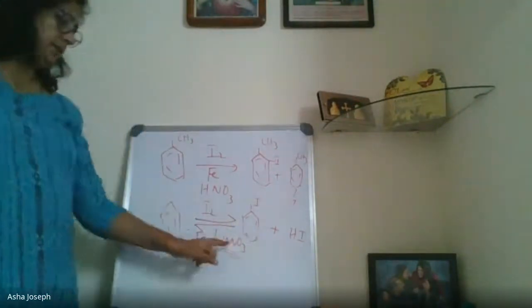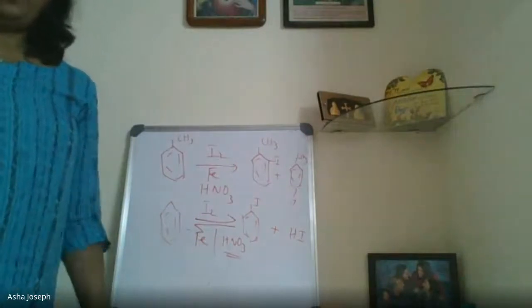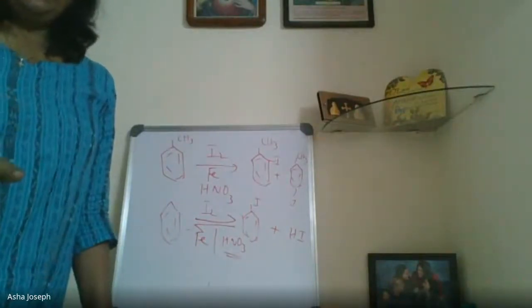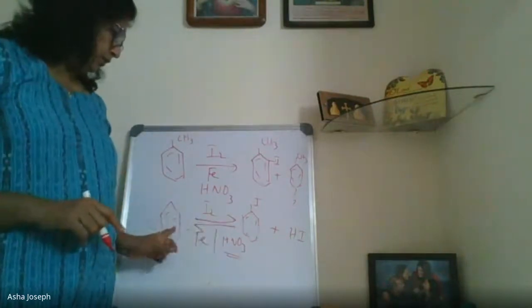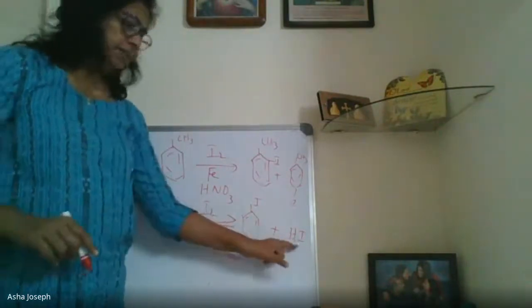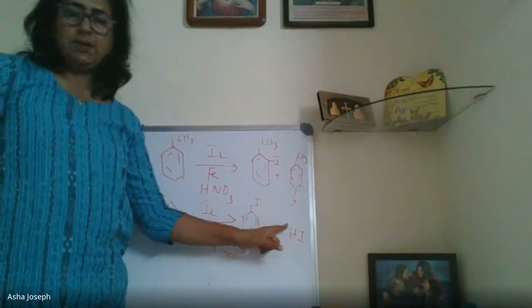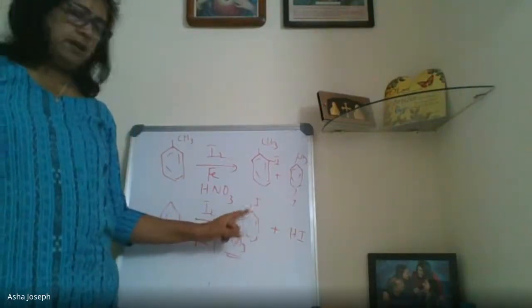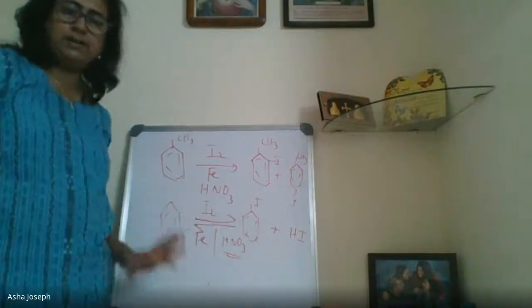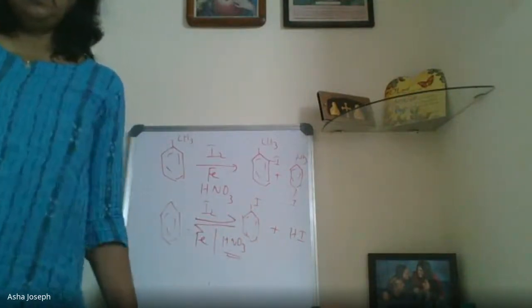Why are we adding nitric acid only in the case of iodination? Because when you do the iodination, the byproduct is HI, a reducing agent. It reduces the iodobenzene back to benzene. Clear?